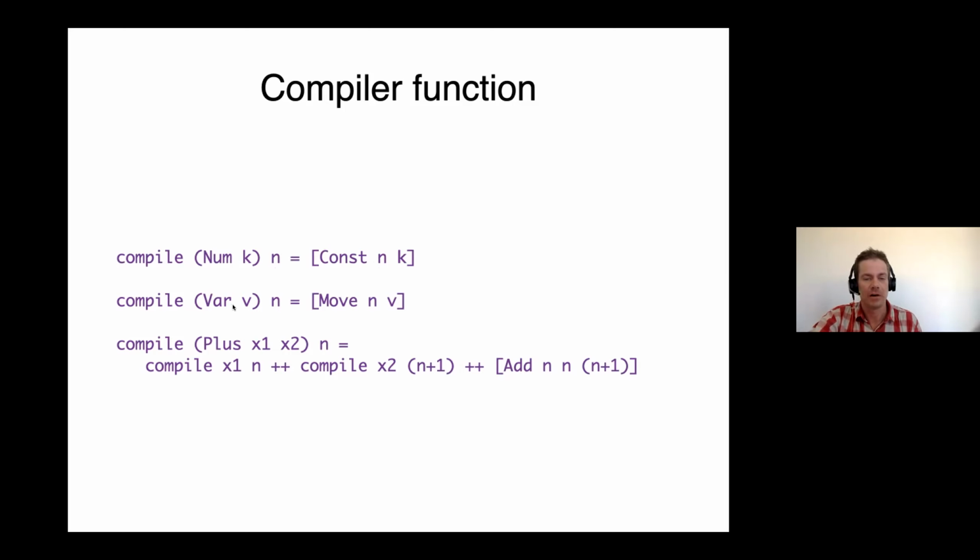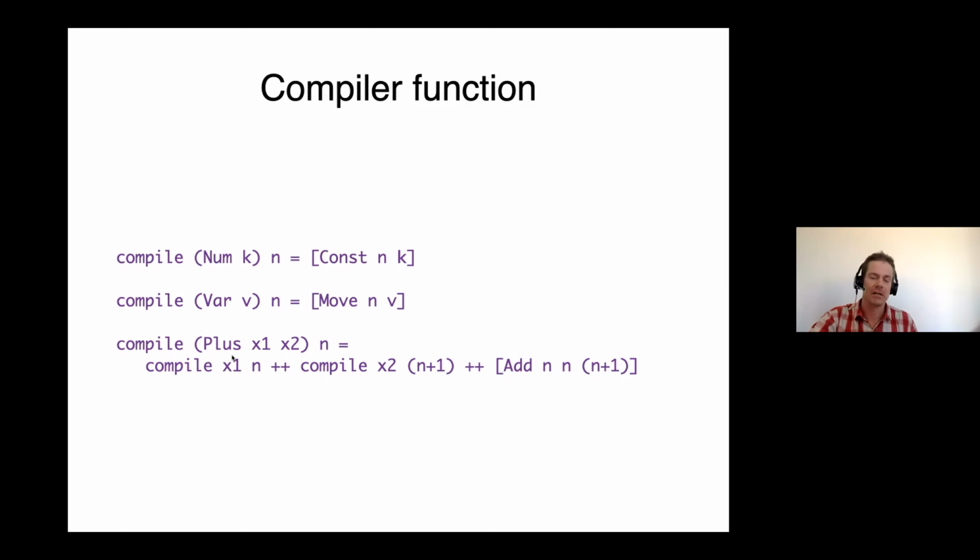And here var is now doing something very similar, but with a move instruction. So it looks up the value of register v and moves it into n. And there's an assumption here that the variable names from source match register names in the target.